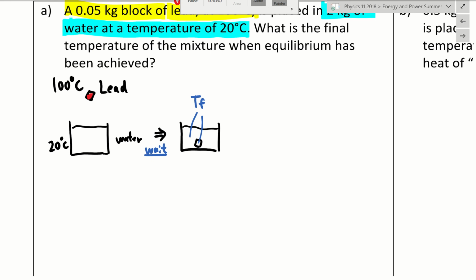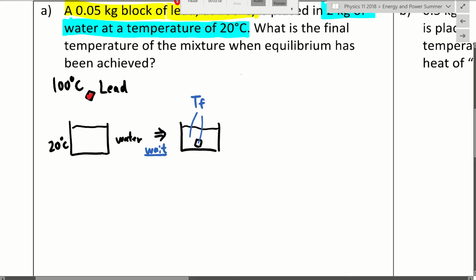Now, what temperature do they reach? Is it exactly in the middle? For example, maybe they meet somewhere at like 60 degrees Celsius? I don't know. But they will meet at some temperature. So what we want to do is to find out what is their final temperature. What is this mixture's final temperature when it's all cooled down and done, right?